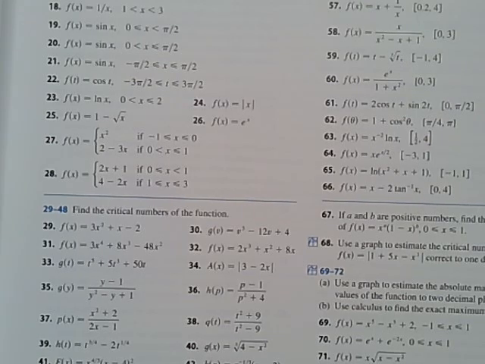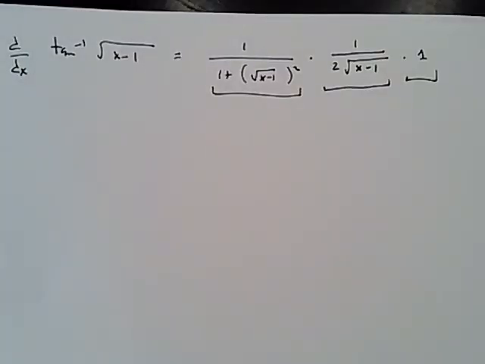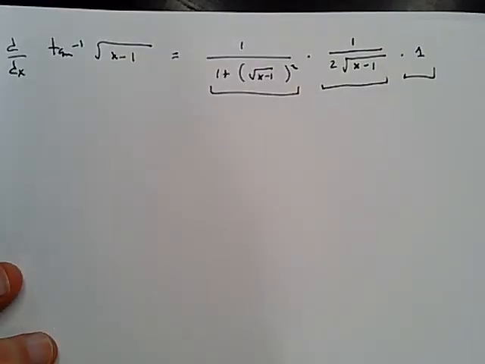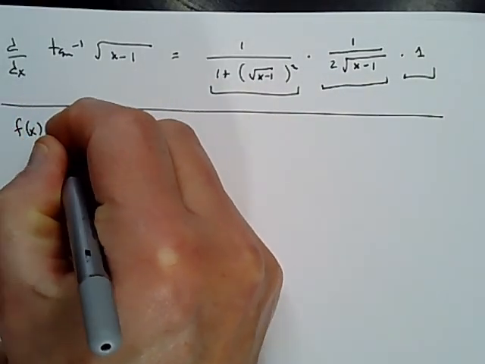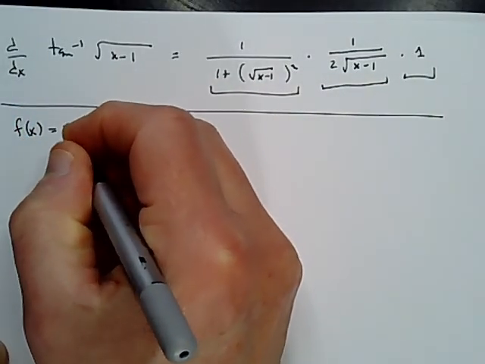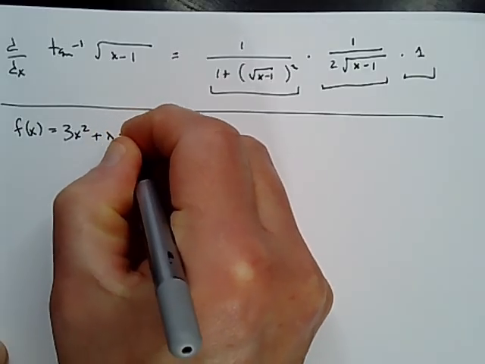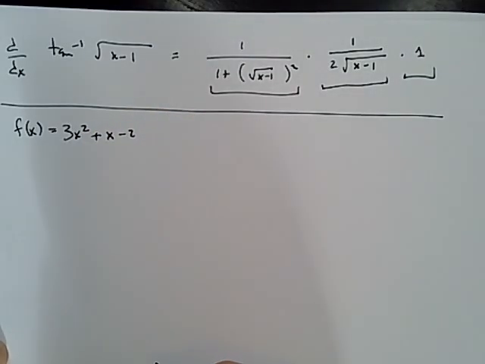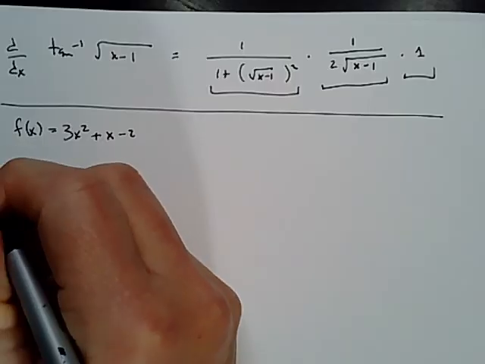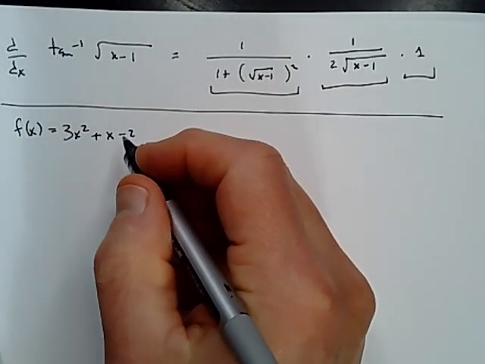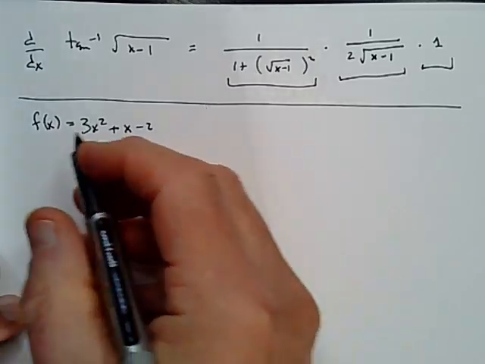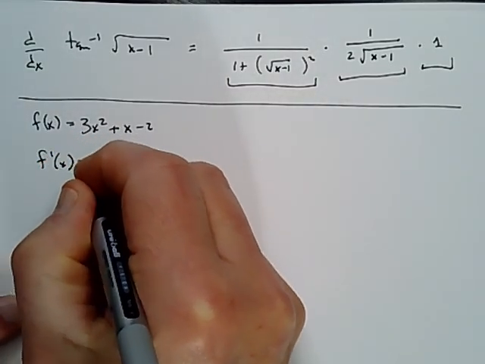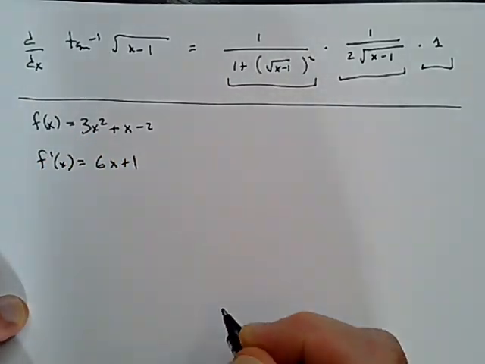So two different functions. The first function is f of x equals 3x squared plus x minus 2. I have to take the derivative and worry about where the derivative is undefined and where the derivative is equal to 0. So f prime of x is 6x plus 1.